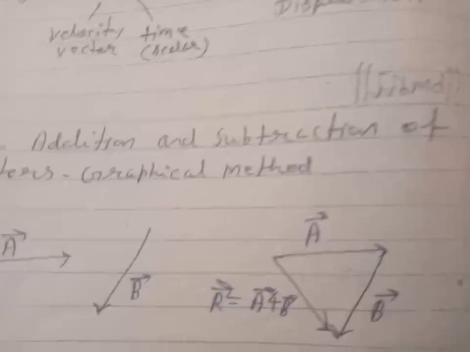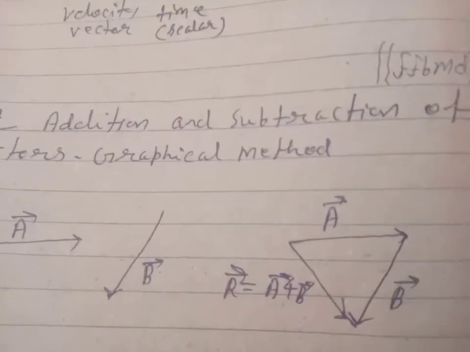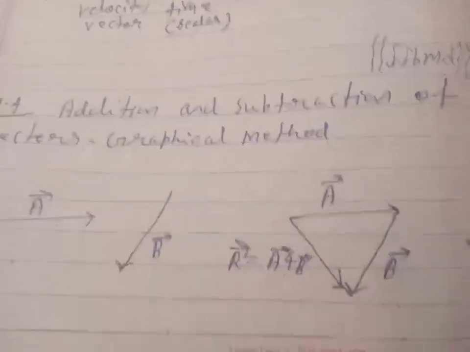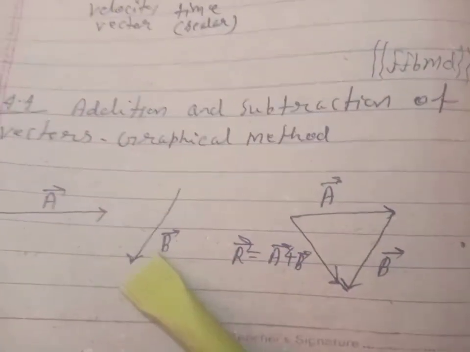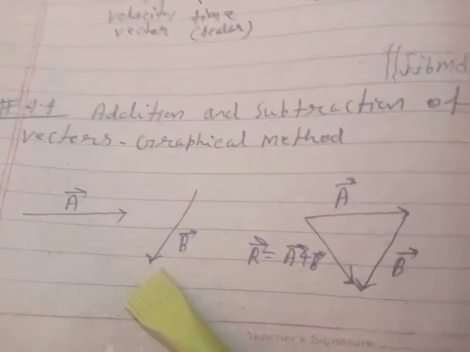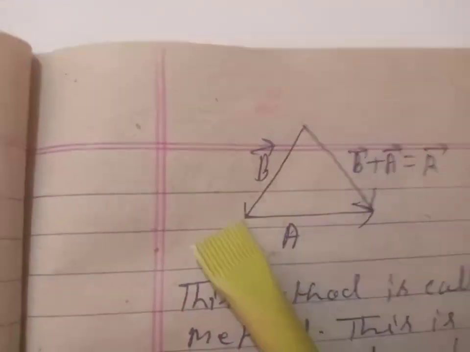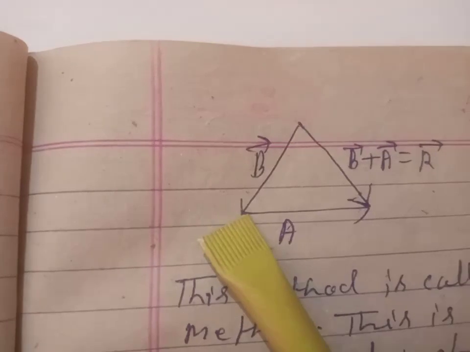Similarly, we can find B plus A. In this case, first we draw B vector and then we add A vector. We put the tail of A vector on the head of B vector. Here it is shown. We have drawn B vector and put the tail of A vector on the head of B vector.